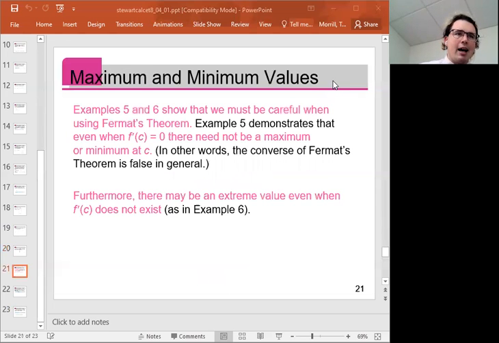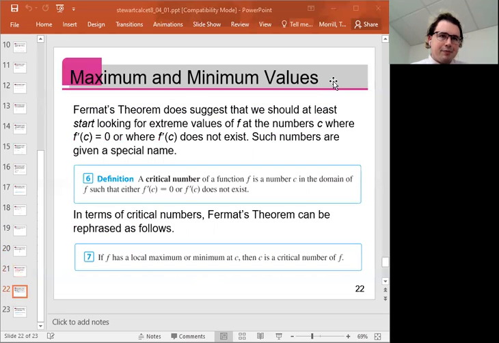So how can I fix this up where I'm saying that I kind of want that derivative to be 0, but sometimes my derivative won't exist. And sometimes the derivative will be 0, but I won't actually have a maximum there, or I won't actually have a minimum there. So how can I fix this?